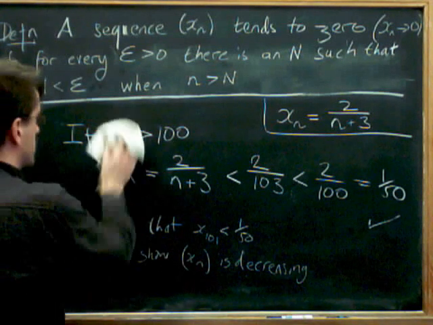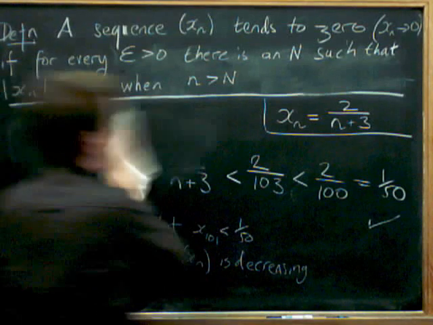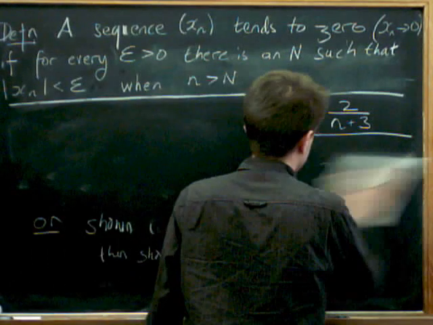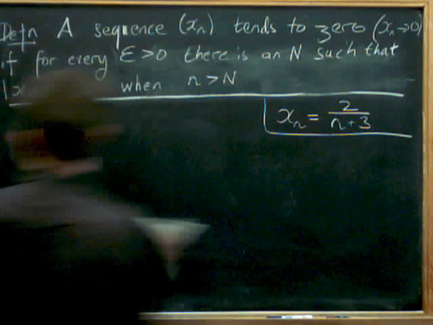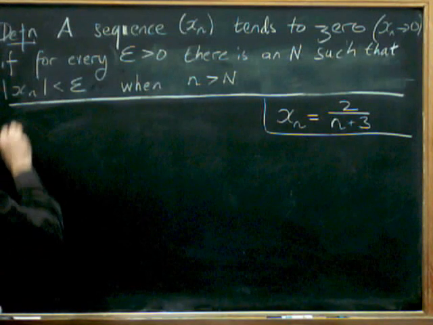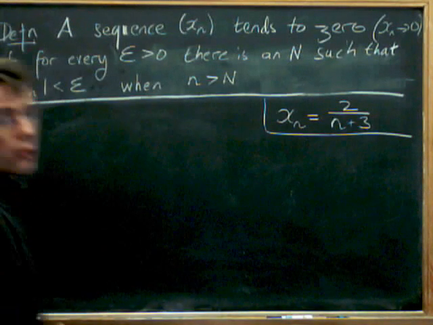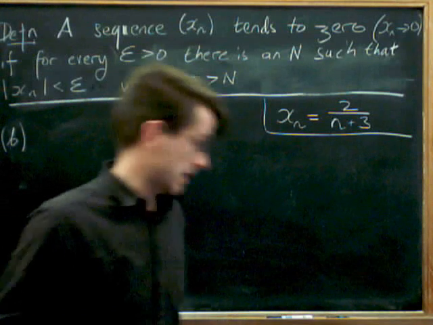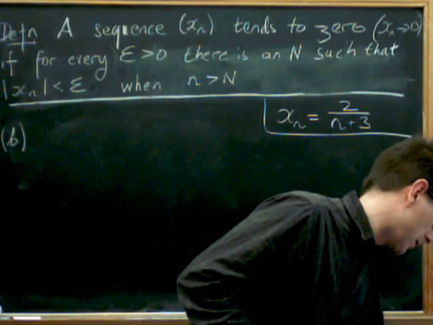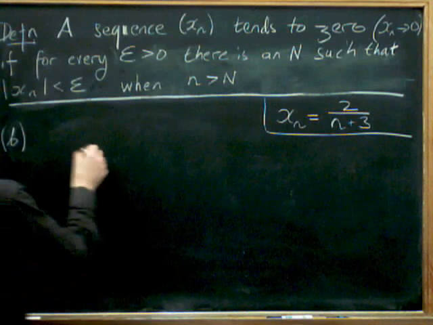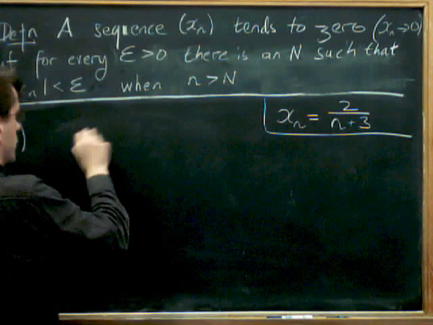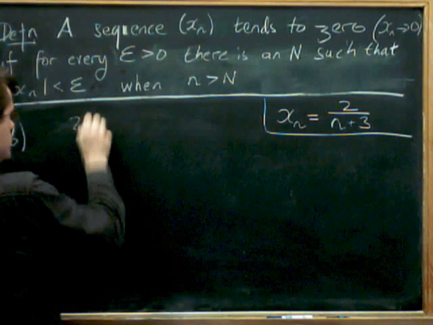Okay, so the next part of the question, part B, asks us to find a term after which all of the terms are within 1/500th of 0. So let me do some rough work here.